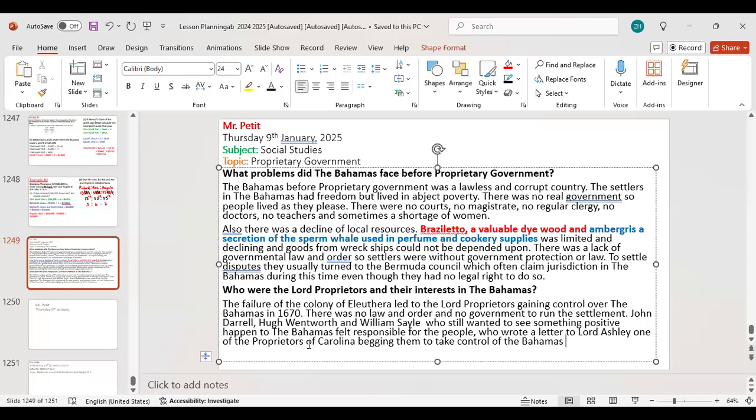Remember why they wanted to take control of the Bahamas? Because the Bahamas was in rags and needed help. William Sayle and those with him felt that they needed to see something better happen for the Bahamas, so hopefully the Lord Proprietors would change it, but that never happened. By and large, they did not do a good job with the Bahamas.